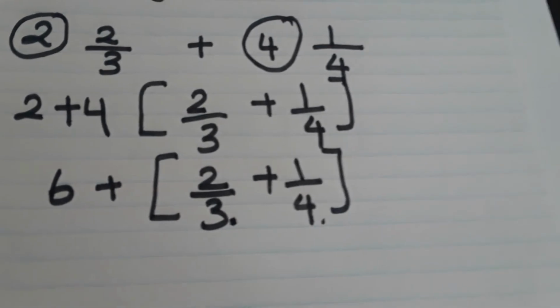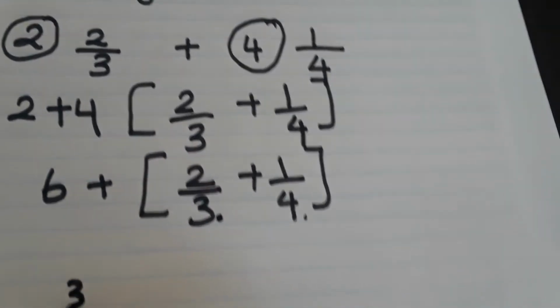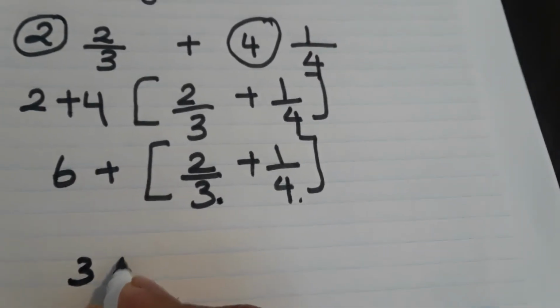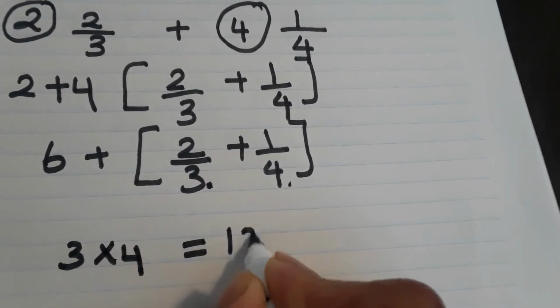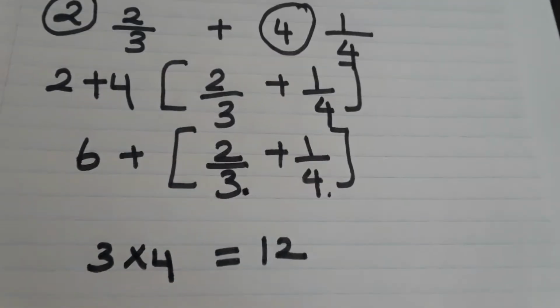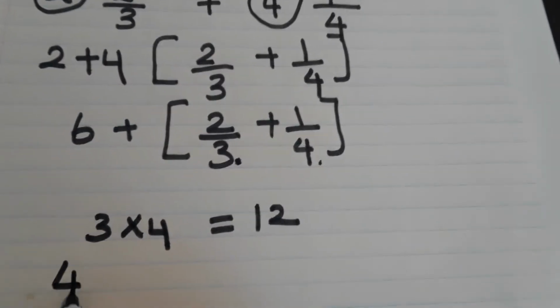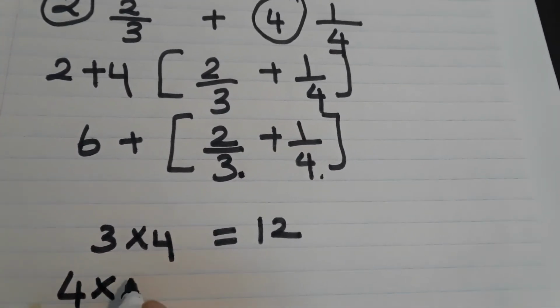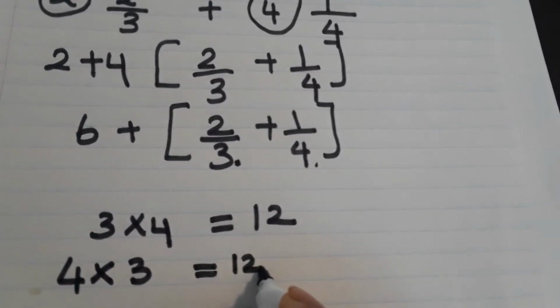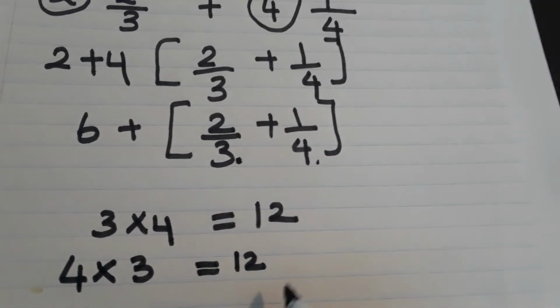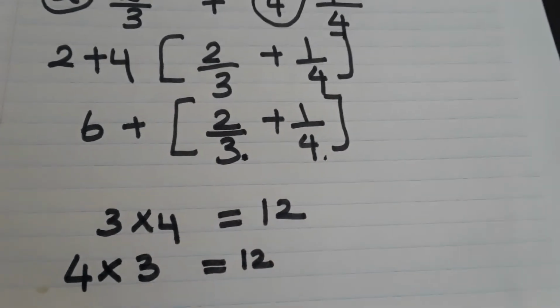If we multiply 3 times 4, it equals 12. If we multiply 4 by 3, it equals 12. So now we have the same denominator.